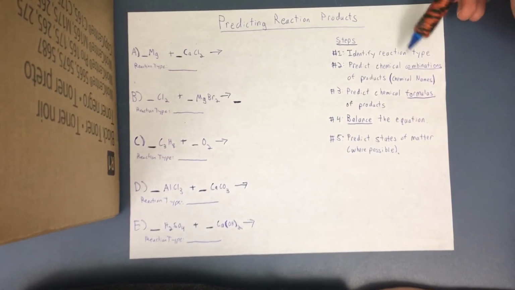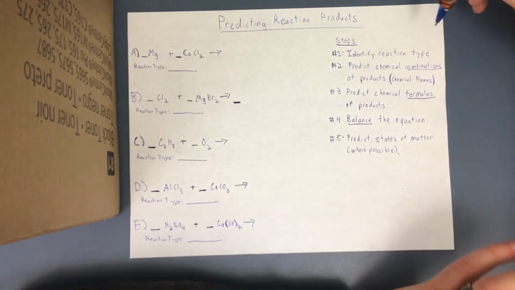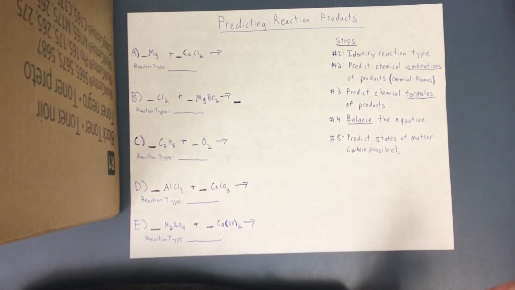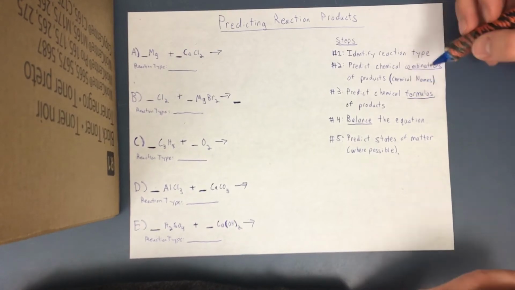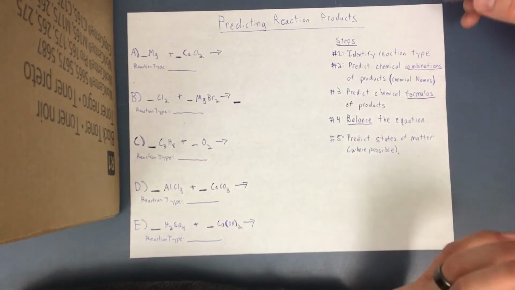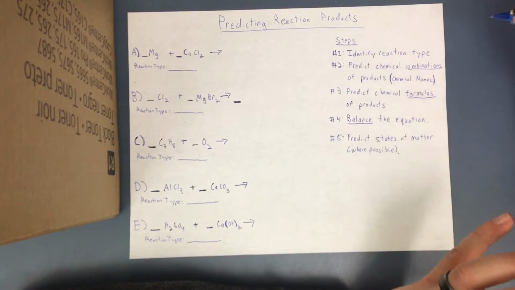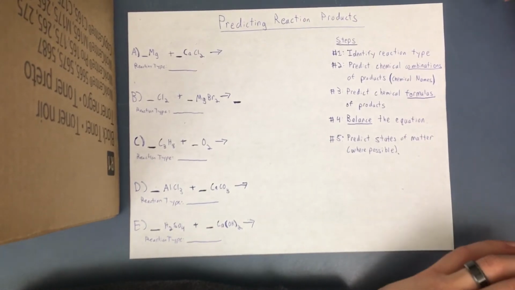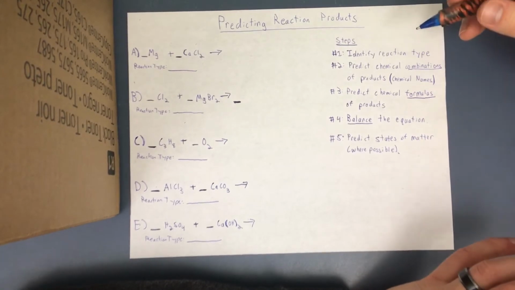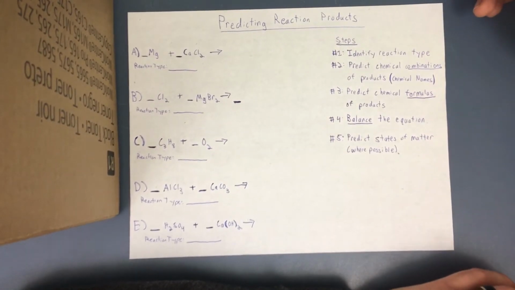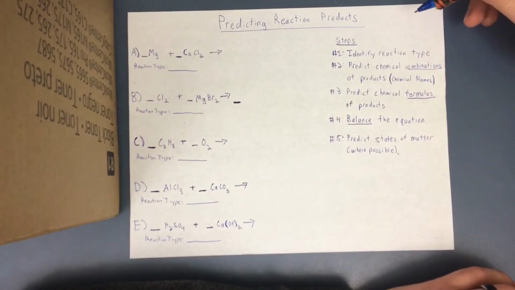Next, we want to predict what the chemical combinations are of the products. So basically, the way that I've summarized it is, we can figure out what the chemical names are. We can figure out who is going to pair with who, what positive ion is going to pair with what negative ion. However, that doesn't in and of itself predict what the chemical formula of the product is going to be yet.